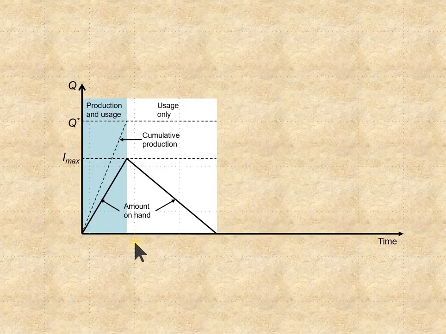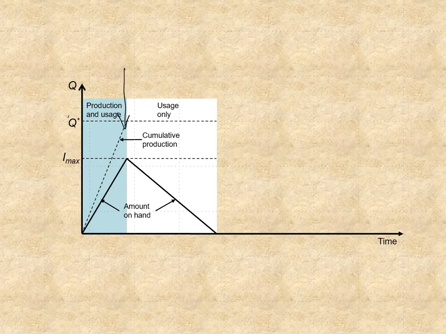Now, in the green or blue shaded area, that's the production and usage stage. After a certain time period, a time right here, when our cumulative production reaches a quantity of Q, we stop production.